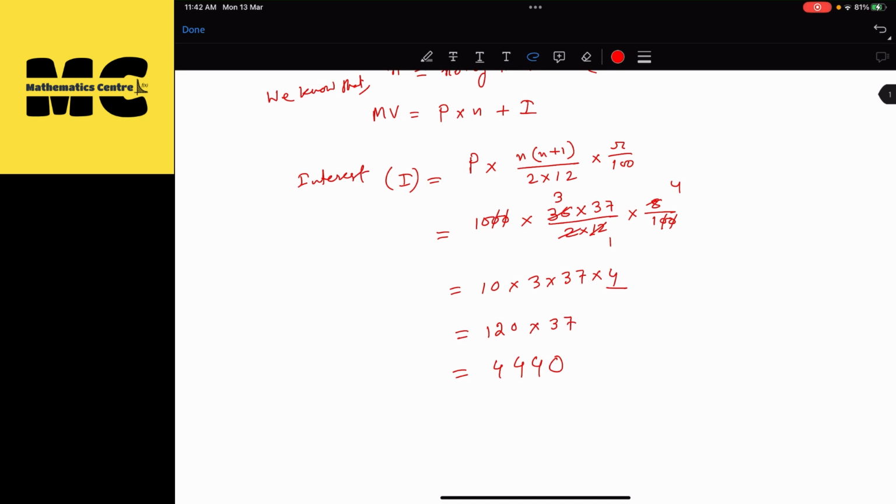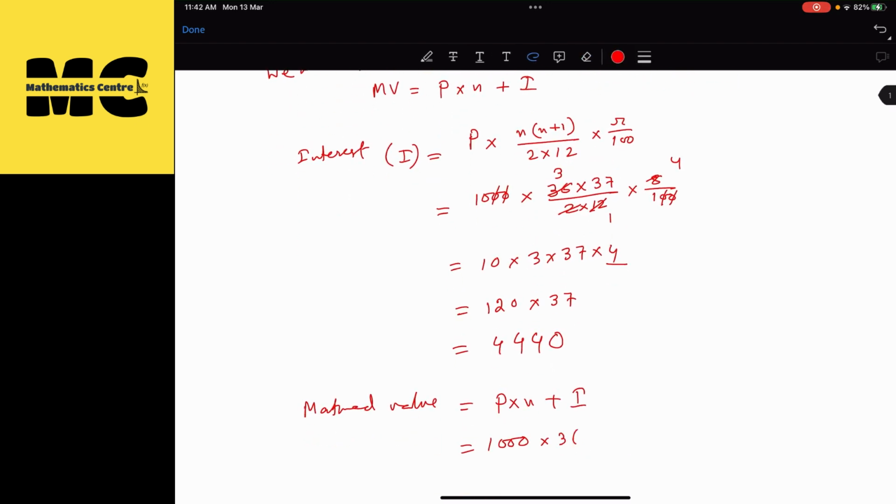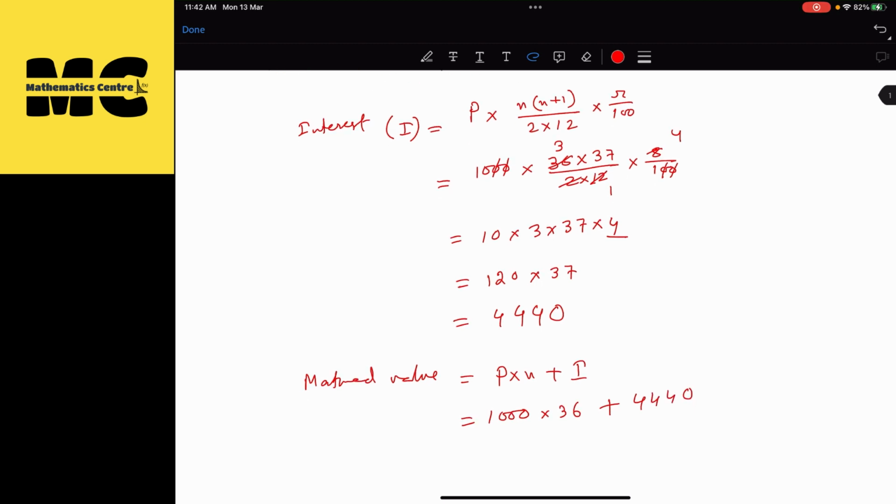So what is the matured value? The matured value MV equals P into N plus I. Now what is P? P is 1000 into 36, plus I is 4440.